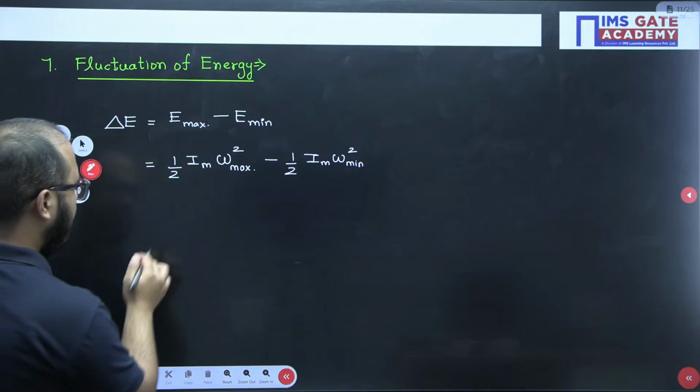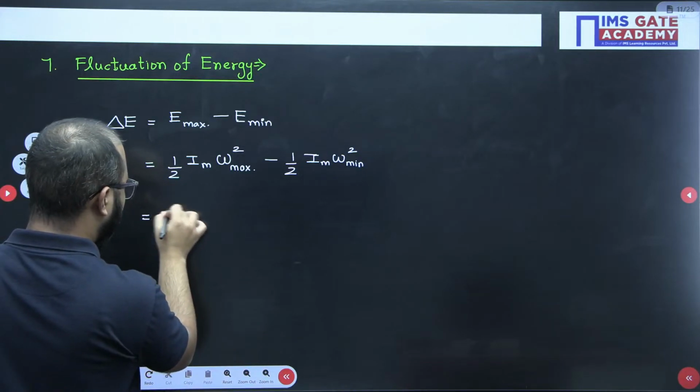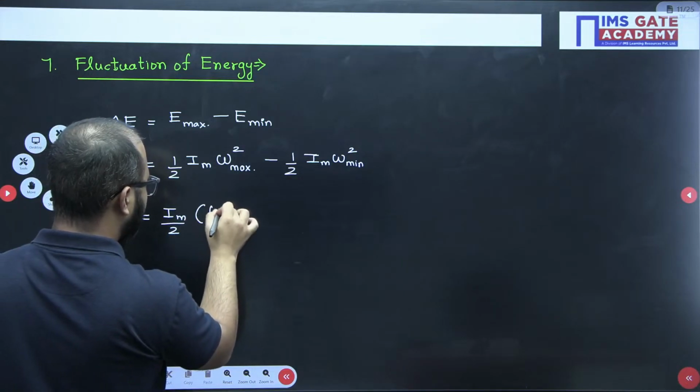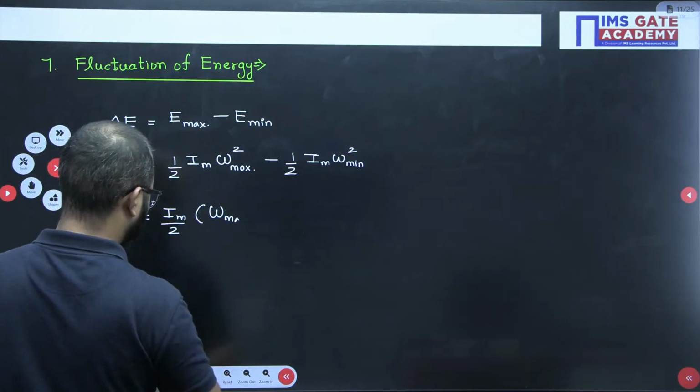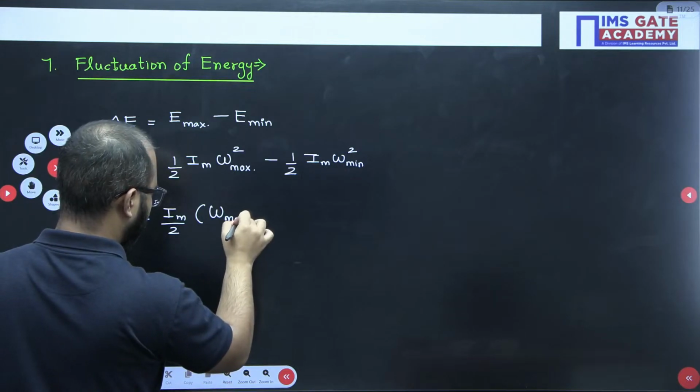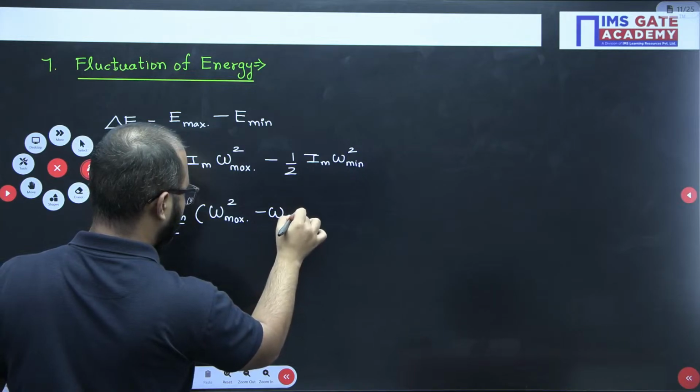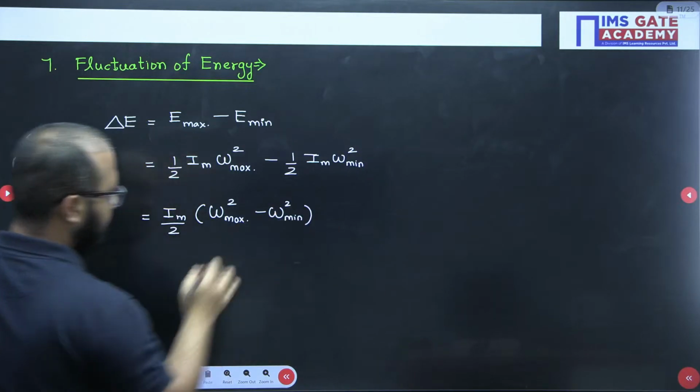So let's take the common part. The common part will be mass moment of inertia divided by 2, into omega max square minus omega min square, like this.